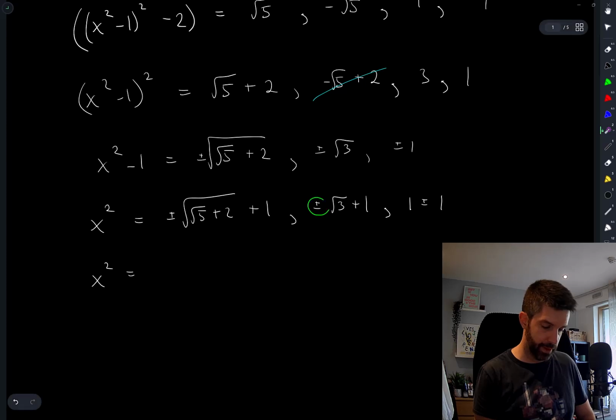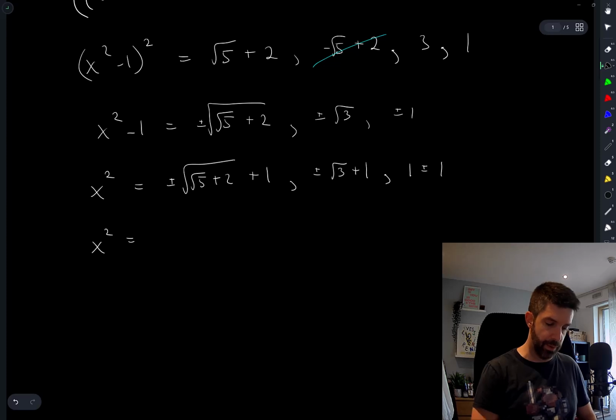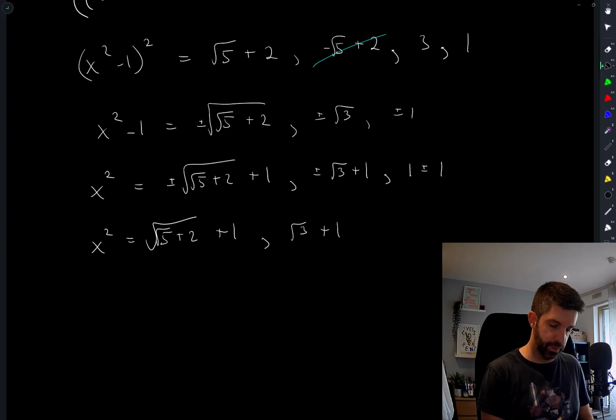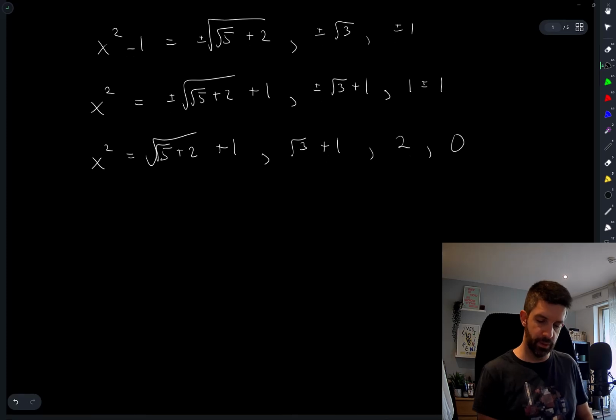The negative sign there gives us a problem. So let's write this as x. Now I'll list out all the possible things we can have. We'll have the square root of root 5 plus 2, plus 1, root 3 plus 1, 2, and 0. Okay, now we have no problems.